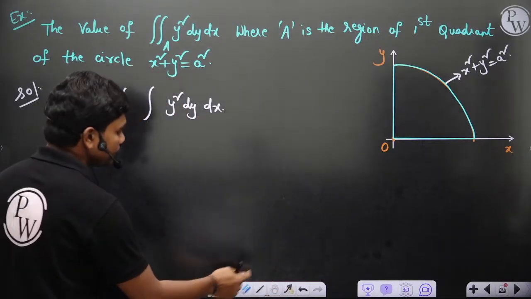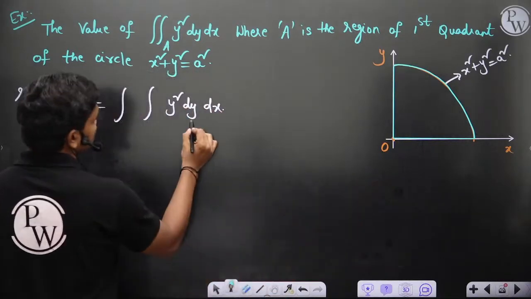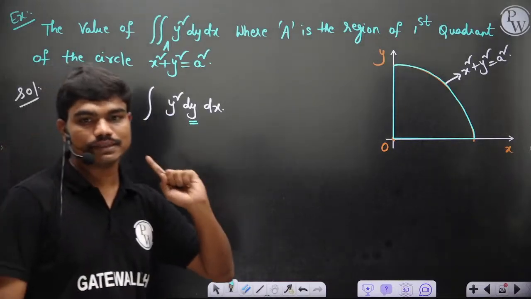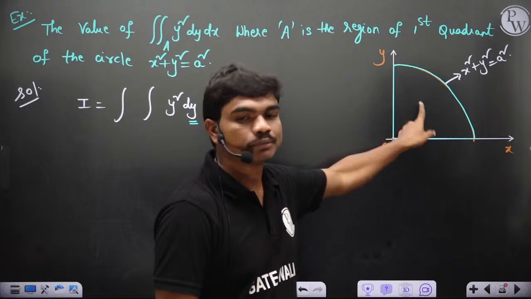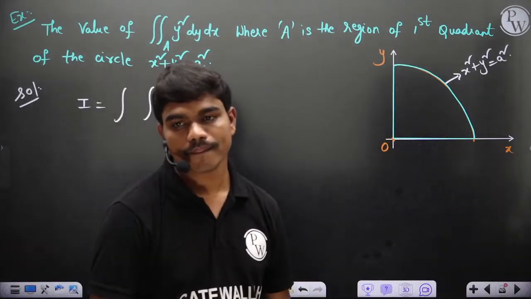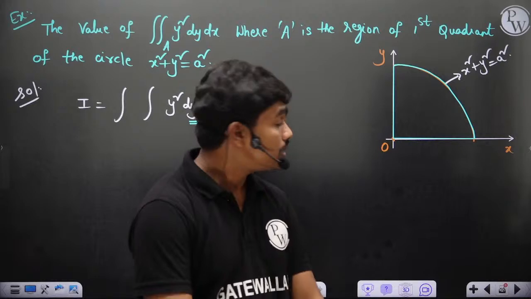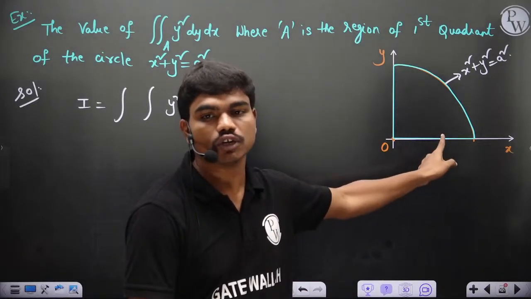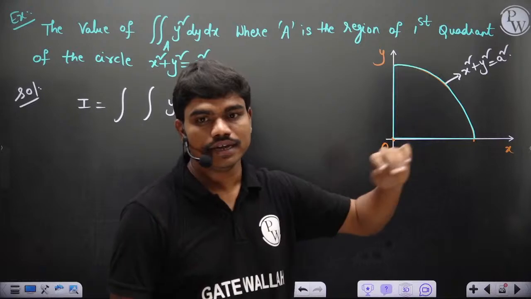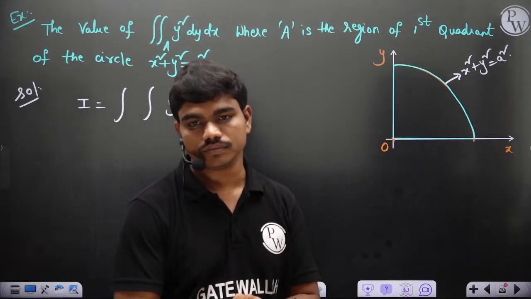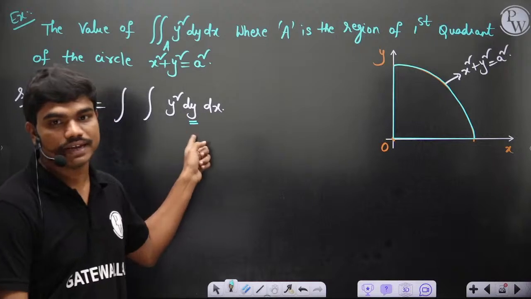So if I maintain y as my first variable of integration, then you should tell me correctly: which step should I consider in this region A, horizontal or vertical?